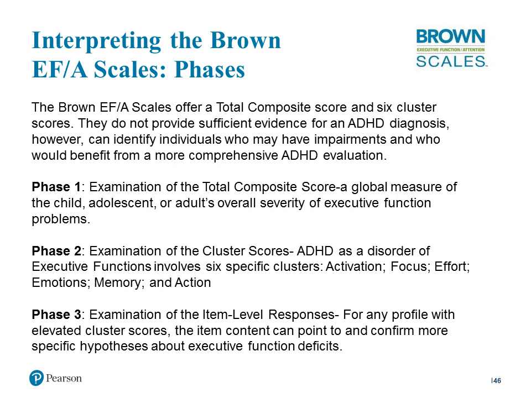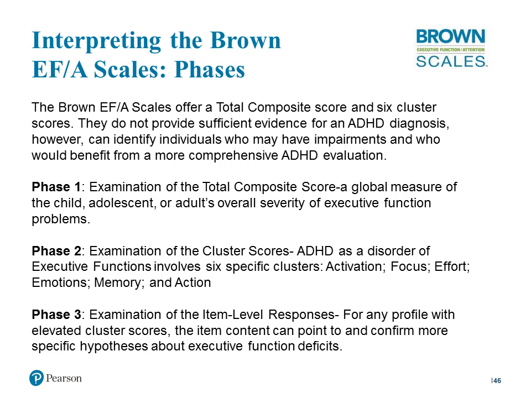And then the second phase is to examine the different clusters. And that's what I did briefly in going over. And when you do that, you want to, again, look at the specific clusters of activation, focus, effort, emotion, memory, and action, but then also, if you have multiple people filling out the form, you want to look at any differences or similarities in those specific clusters.